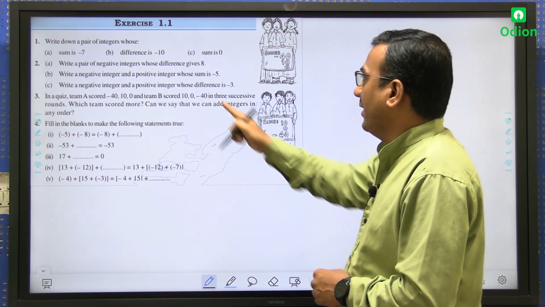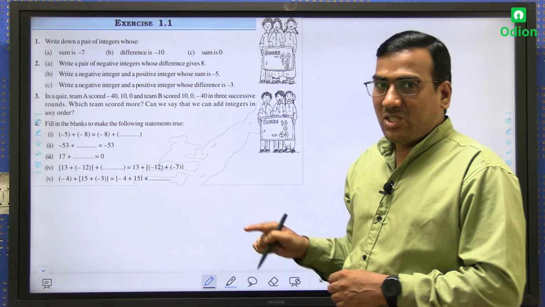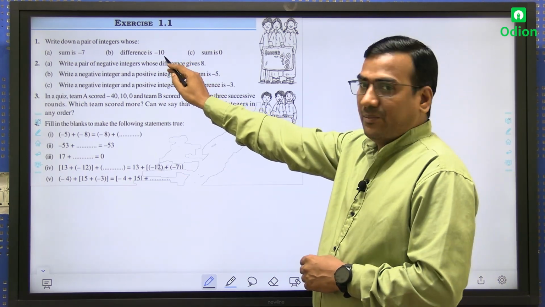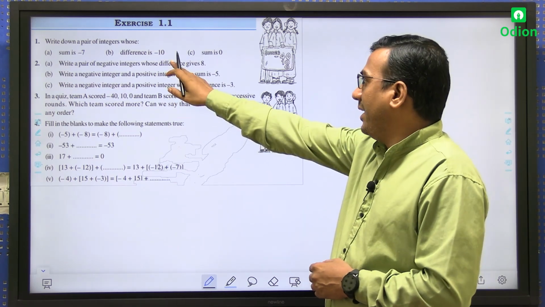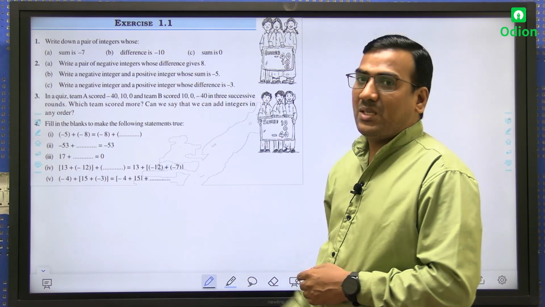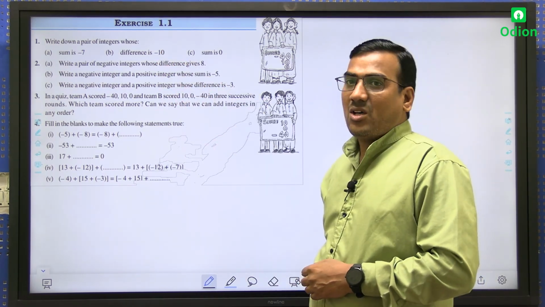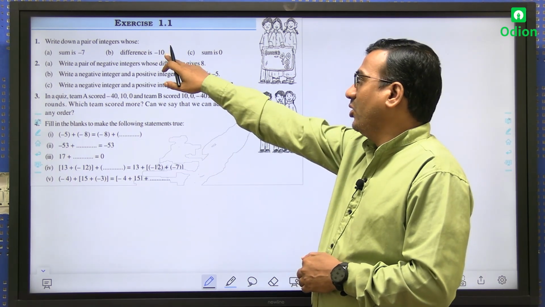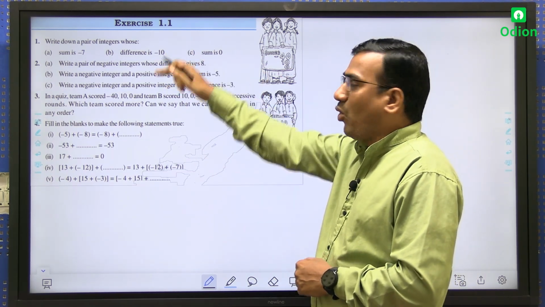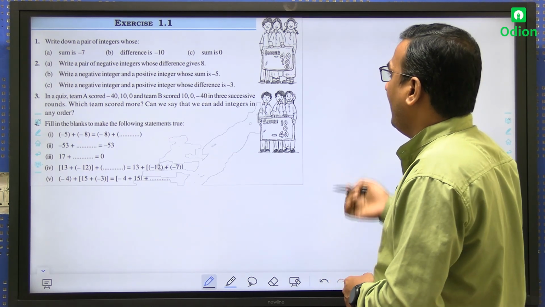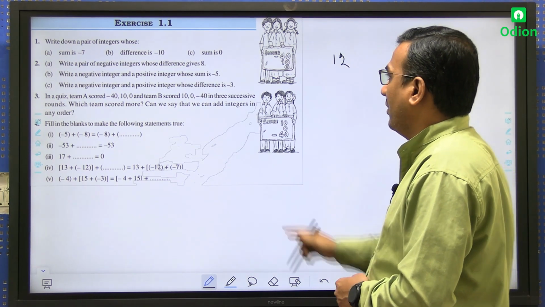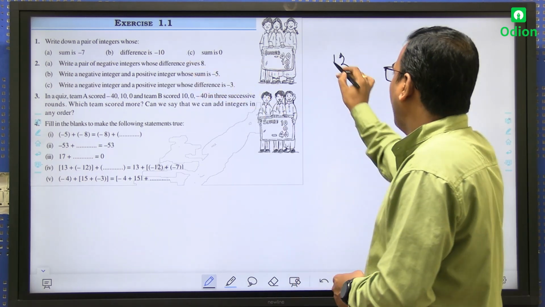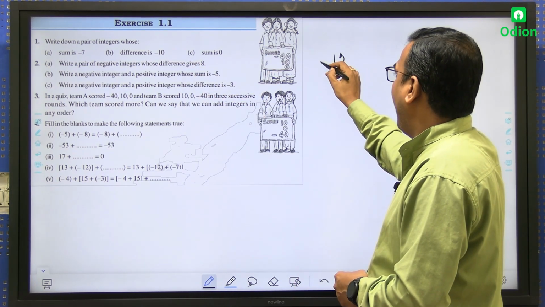First you have to take a digit or integer which is larger than 10. It does not matter about the symbol, whether it is minus or plus. Suppose I am writing 12, which is larger than 10. Then suppose you are taking -12.